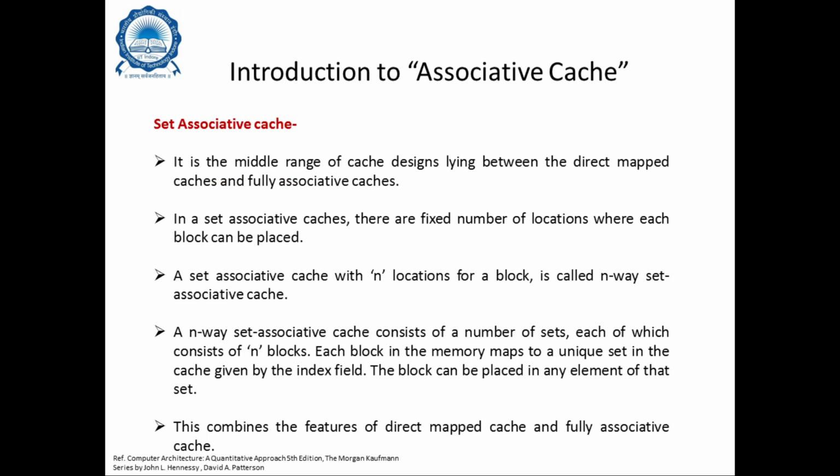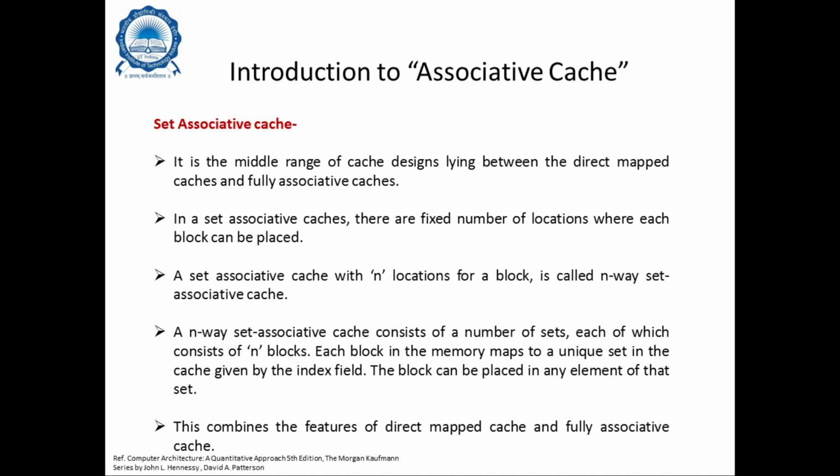Now that you understand the basics of fully associative cache, let us have a look at the set associative cache. It is a middle range of cache design lying between direct mapped caches and fully associative caches. It is at neither extreme, but somewhere in the middle.